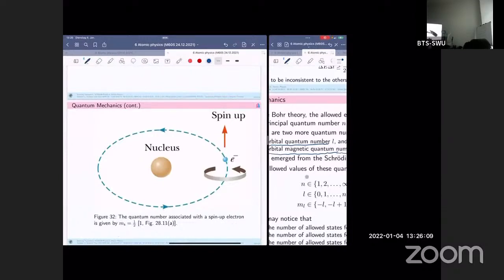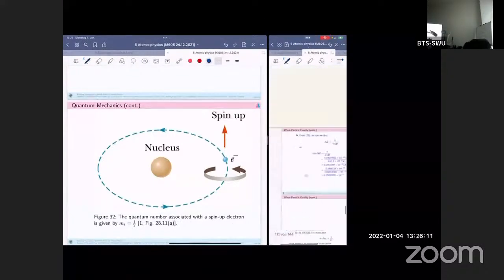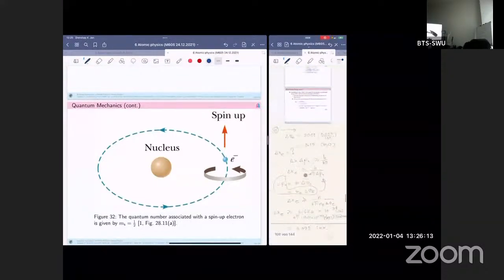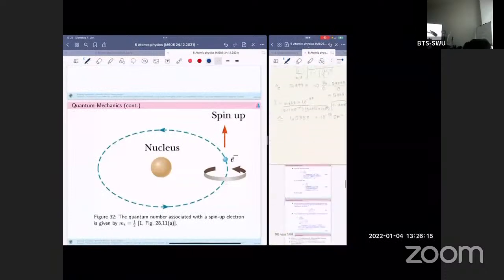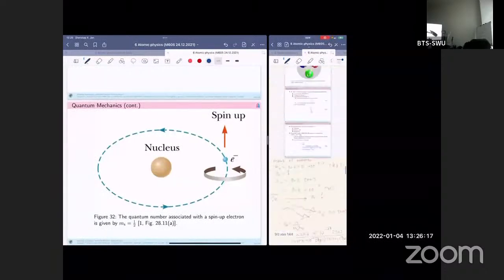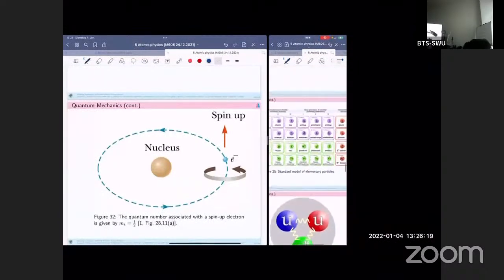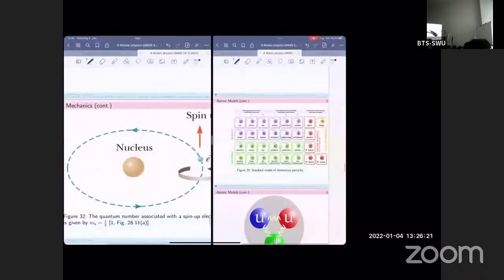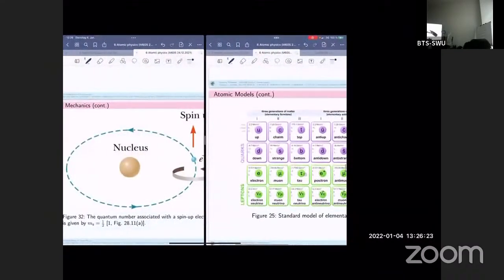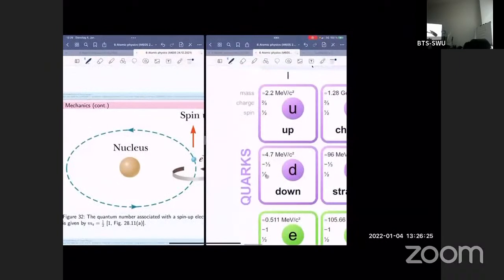That's why we have here the notation ms equal to 1/2, for the up quark, down quark, and so on.